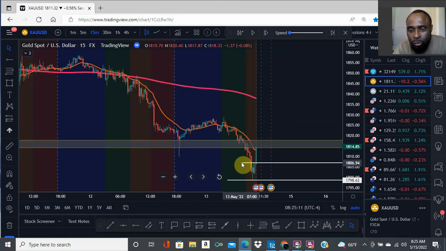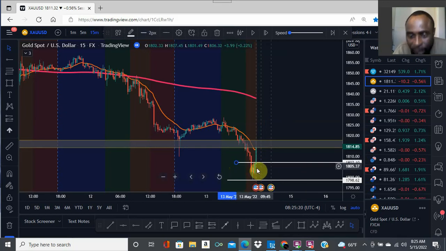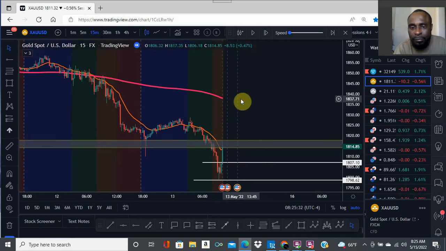But say you miss this, you're scared to get in it, because in my experience price likes to push back. See this area here? I'm looking at this wick. Price likes to push back to here. And I got in that trade here.